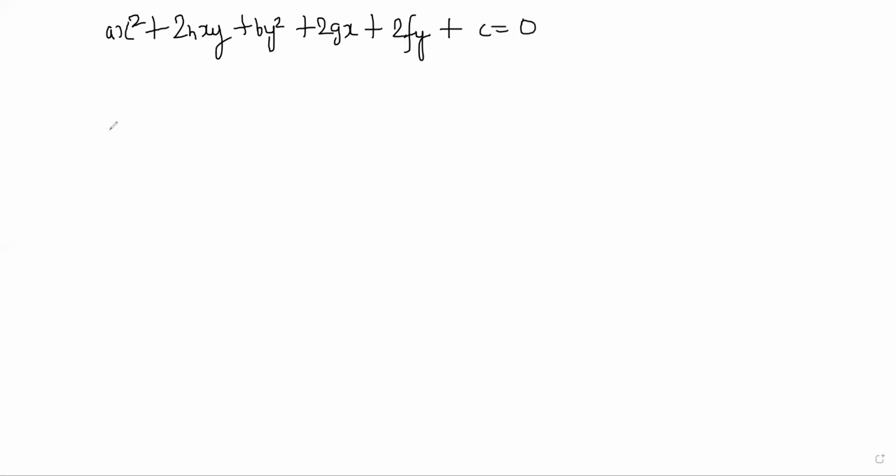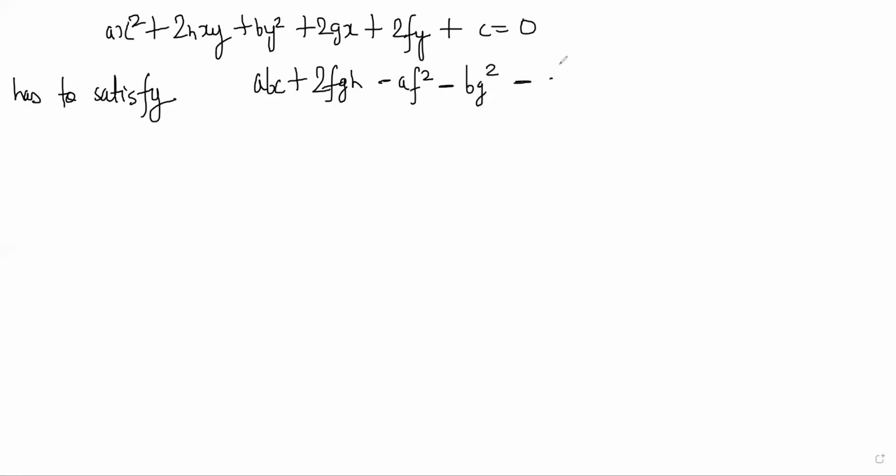What we have learned is this general equation, plus by square plus 2gx plus c is equal to 0, has to satisfy the condition abc plus 2fgh minus af square minus bg square minus ch square is equal to 0.